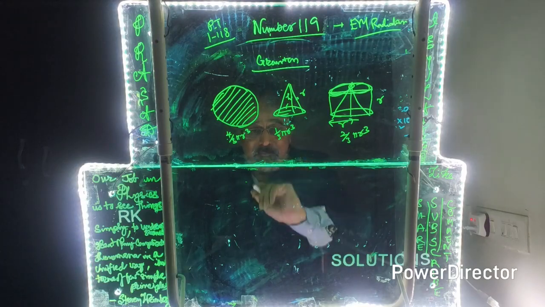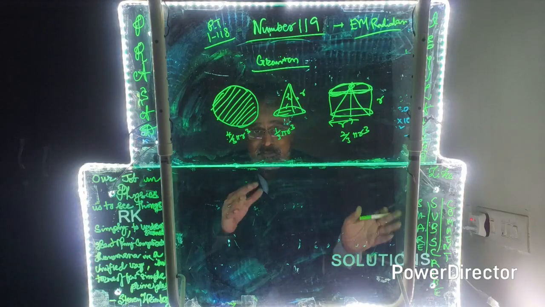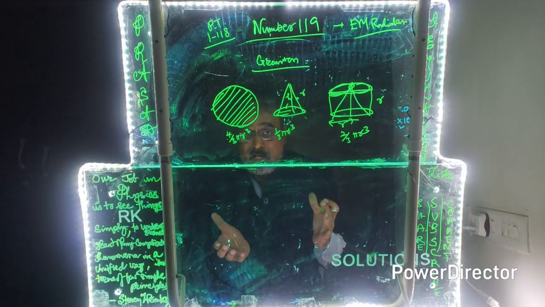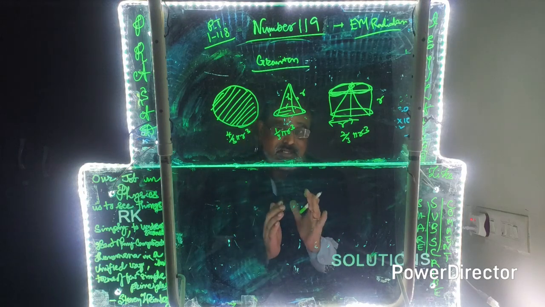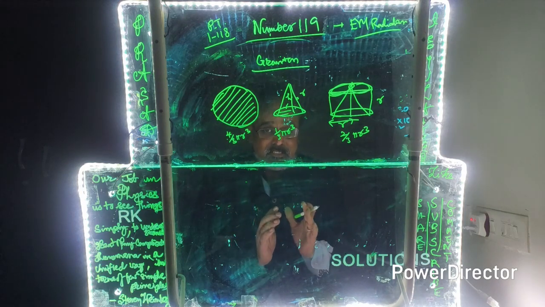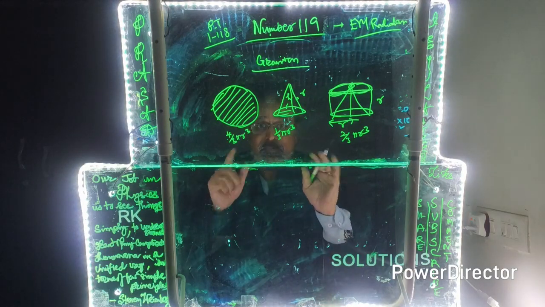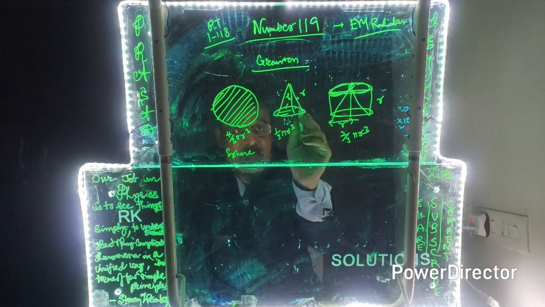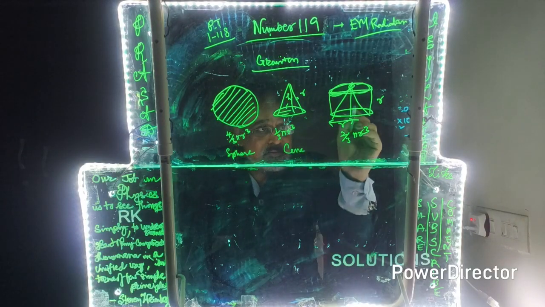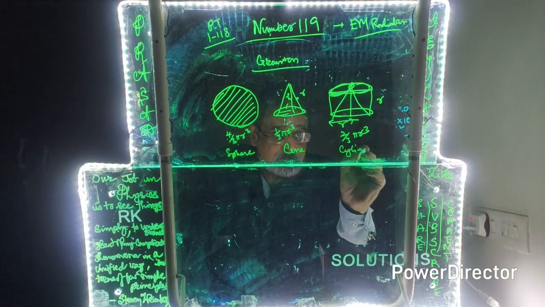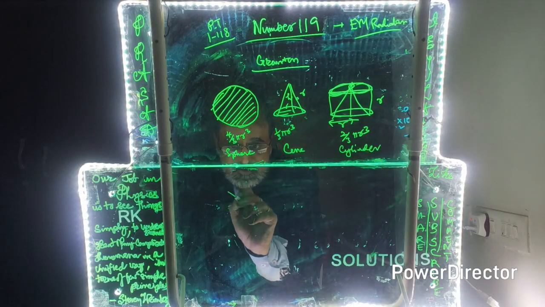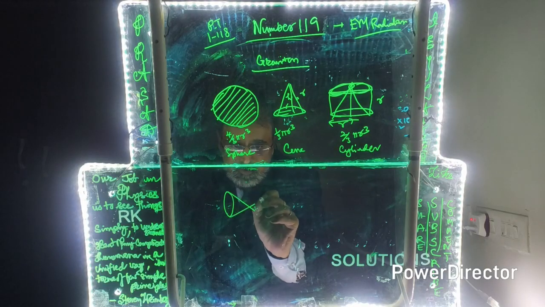This math is more important than those equations. You think in terms of spaces, groups, all that heavy stuff, but they still can't beat this because it's the basis. So, 4/3 pi r cubed is the sphere. This is the cone. This is the cylinder. And apart from these two, we can also have two more.